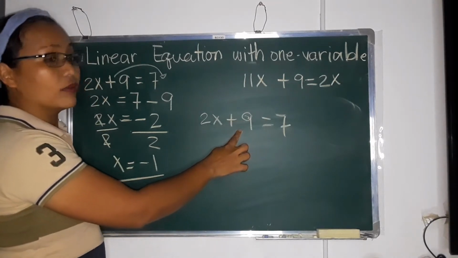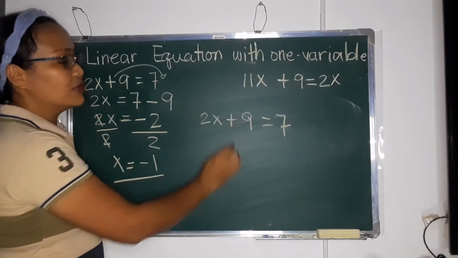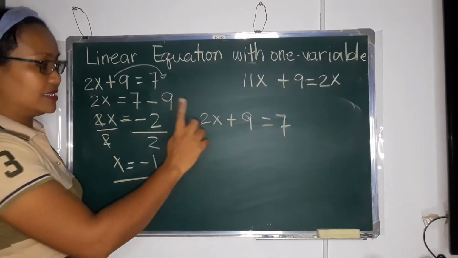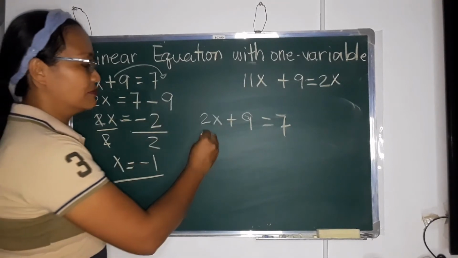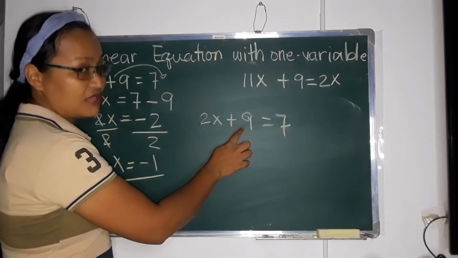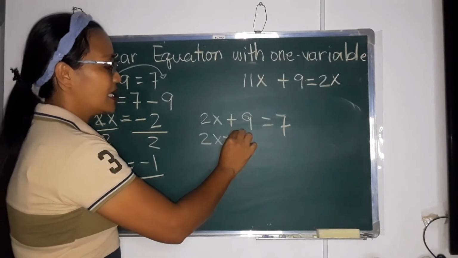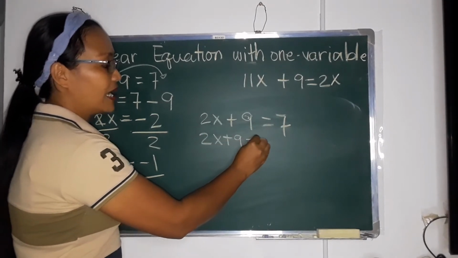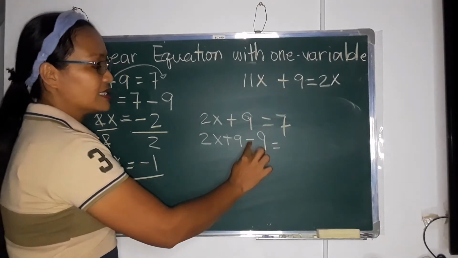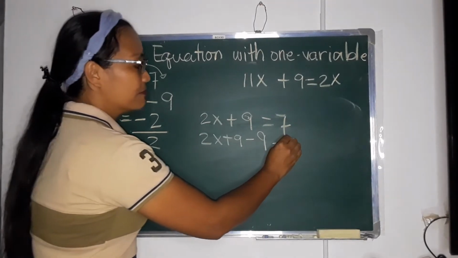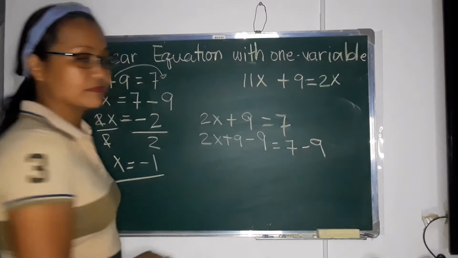So, what are we going to do in here so that positive 9 will be removed, so that 2x will be isolated or on the left alone? So, we need to subtract 9, right? So, 2x plus 9, we need to subtract 9 so that it becomes 0. So, since we subtract 9 here, then we're going to subtract 9 also here.